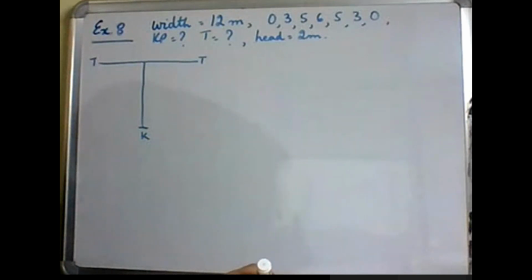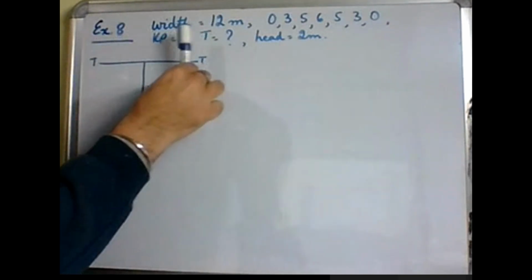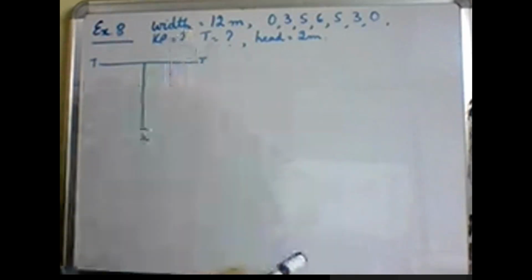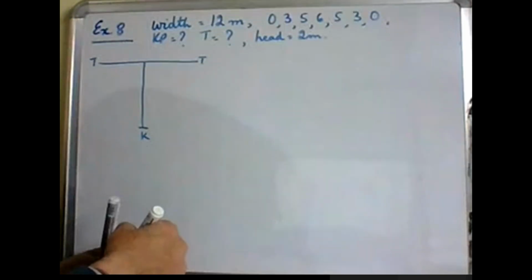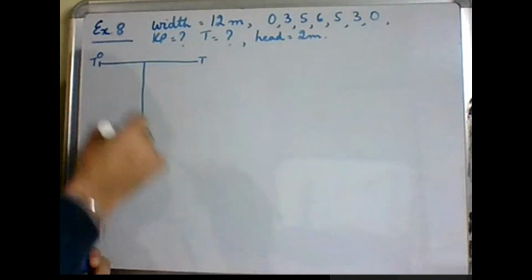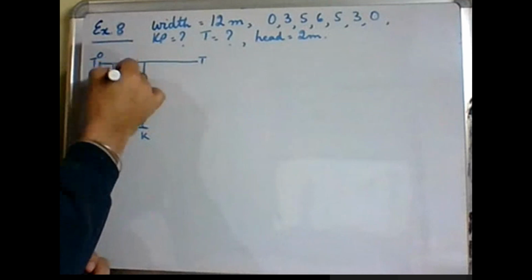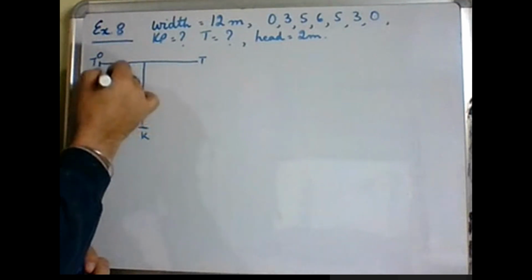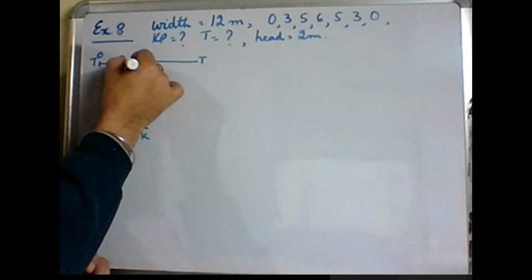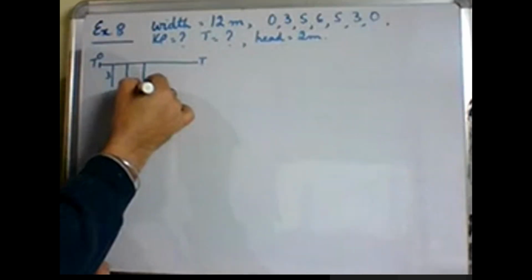And the vertical ordinates at equidistant transverse intervals. These are the transverse intervals, the athwartship intervals, are as follows. Vertical ordinates: 0. So this is 0. Then 3. So this is 3. Next is 5. This is 5. Next is 6.